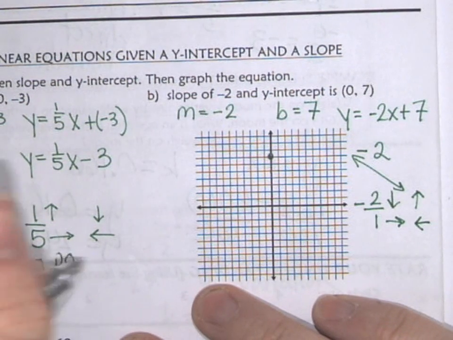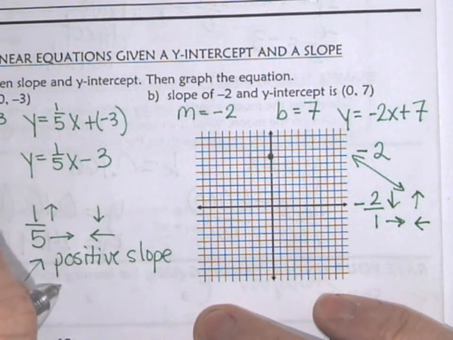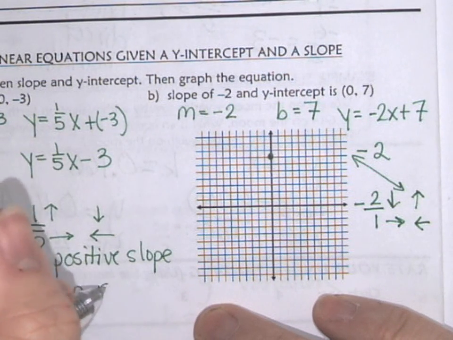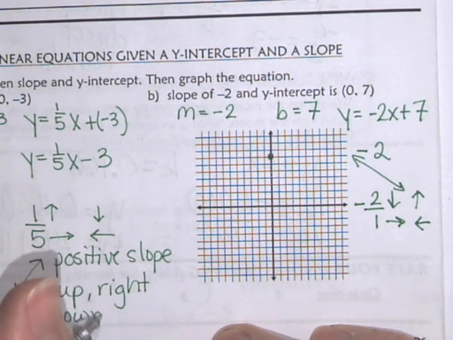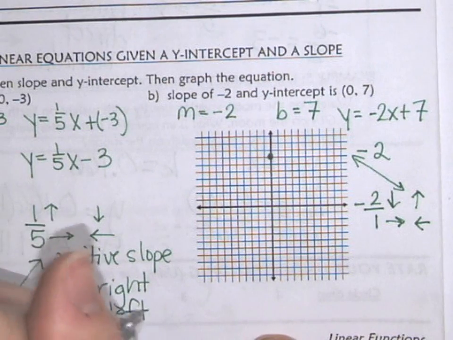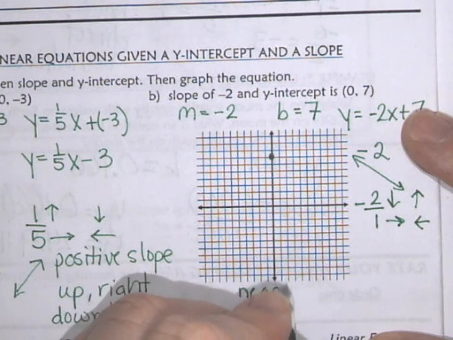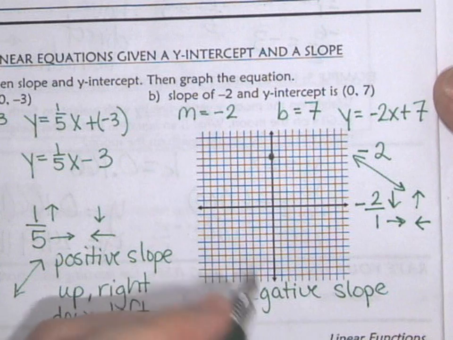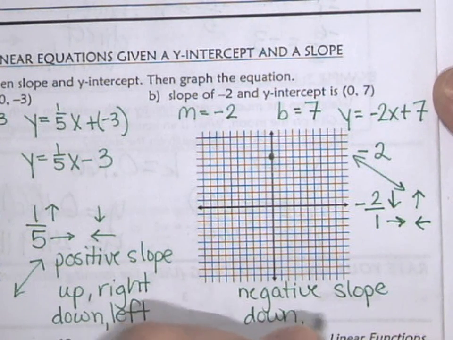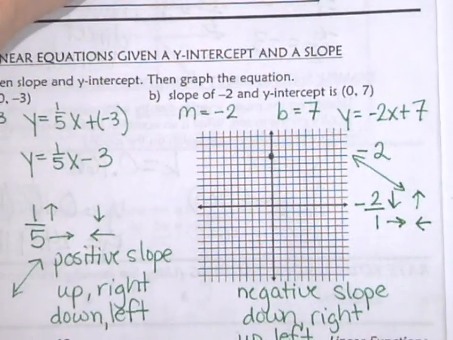Here I had positive slope, and I went up, and then I went to the right, or I went down and left, and over here I have a negative slope, and I can either go down and right, or up and left. Those are my options.